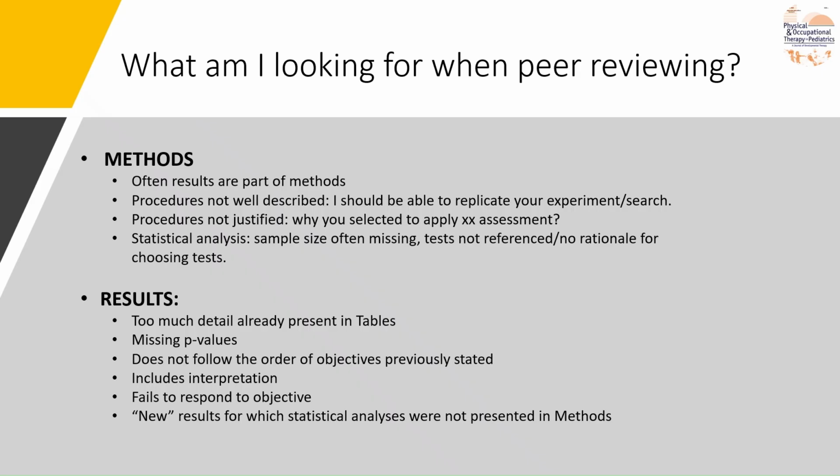Sometimes results fail to respond to the actual objectives, and other times we see new results appear all of a sudden for which statistical analysis were not presented in methods. And often this is the case for correlational analysis that were not part of the objectives, that were not part of methods, and then we see a brand new result appearing out of nowhere.